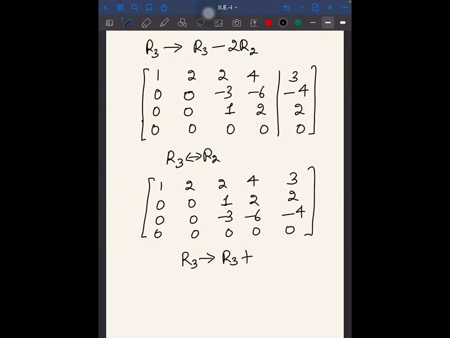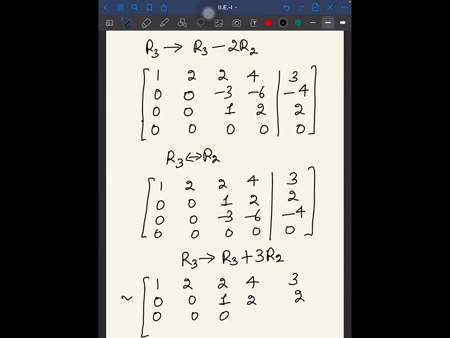So this will become something 1, 2, 2, 4, 3, 0, 0, 1, 2, 2, 0, 0. So you multiply by 3 and add it. So it will become 0. 6 again 0. And here it will become non-zero because 2 into 3 is 6. You add it over here, you will get 2. And this thing now 0.